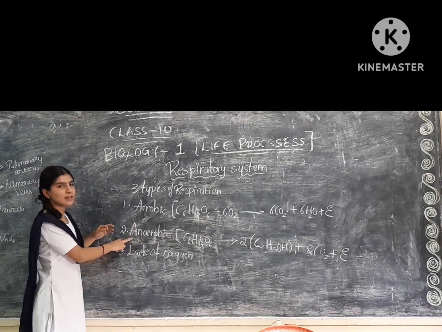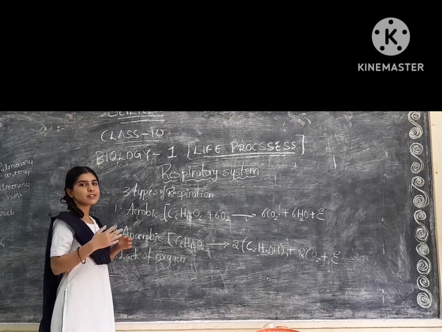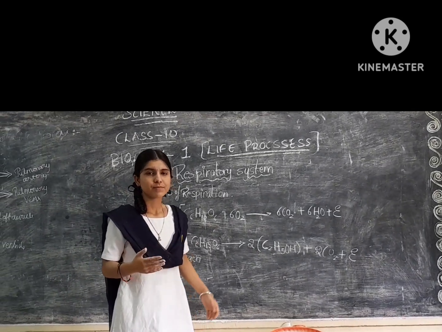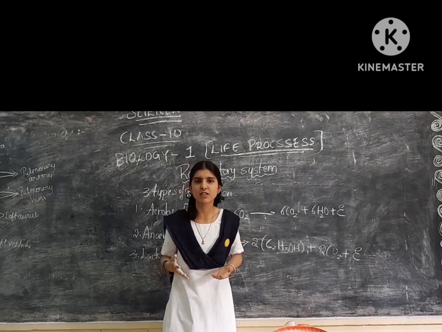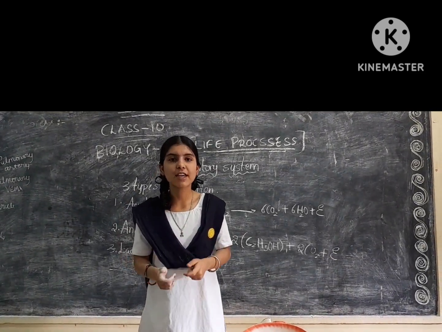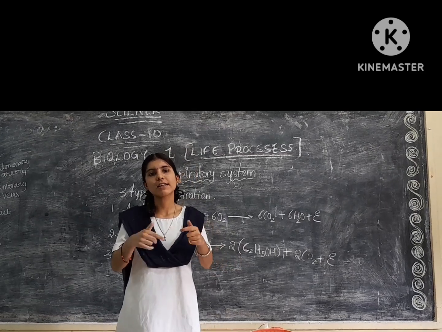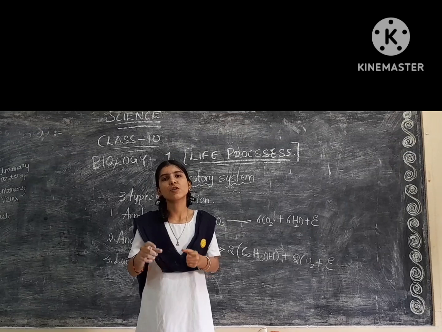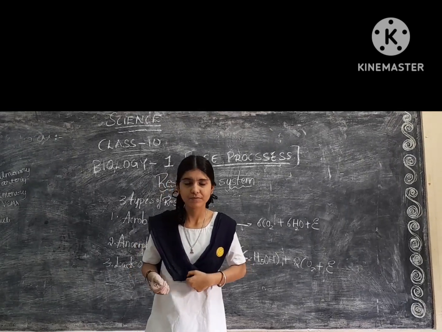Next, anaerobic respiration. Anaerobic respiration takes place in the absence of oxygen to produce energy. Sometimes there is not enough oxygen for the surrounding organisms, but still they need energy. Due to the lack of oxygen, they produce energy in the absence of oxygen. This is referred to as anaerobic respiration.